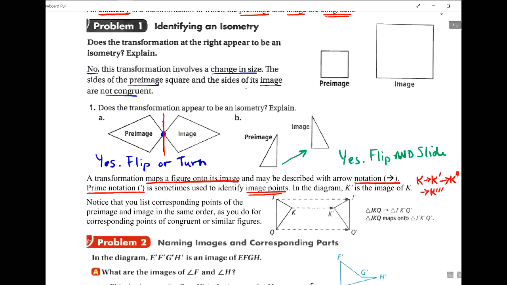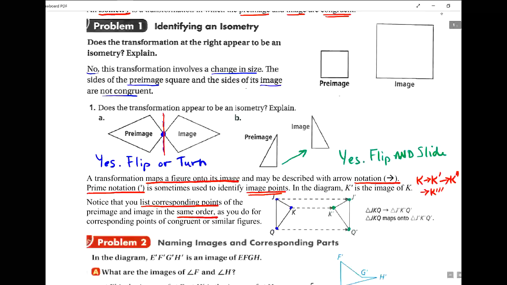We list corresponding points of your pre-image and your image in the same order. This is just like we do congruent or similar figures, so you know how to do this. So we see here that we have a triangle J, K, Q, and it flips over and slides to become our image triangle J prime, K prime, Q prime.